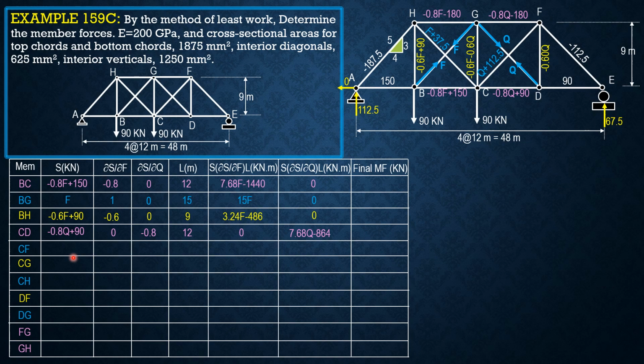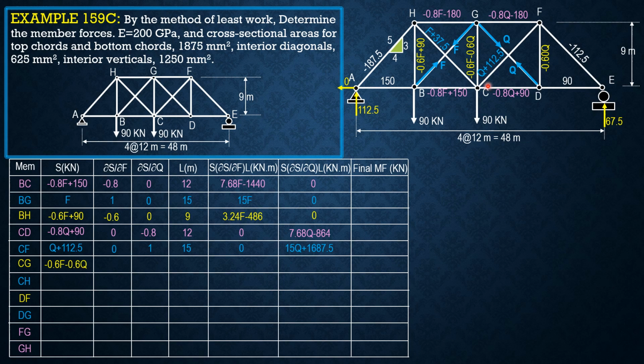Then CF, Q plus 112.5, partial derivative with respect to F is 0, with respect to Q is 1. The length is 15, then 0 here. The product would be here in terms of Q and the constant.